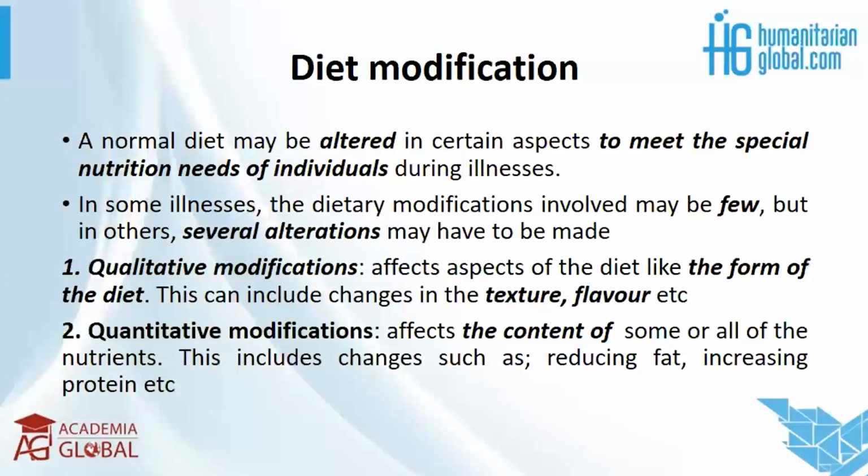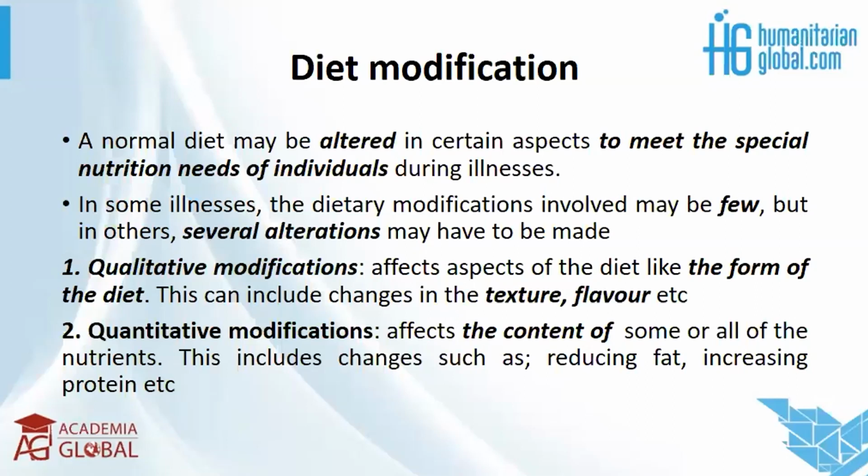The next thing, we are now going to move to diet modification. I hope you're still with me. All we are saying here is that diet therapy is when we are trying to use diet in prevention, in management, and in treatment of illnesses. And in order to do that, we need to change or alter the normal diet.